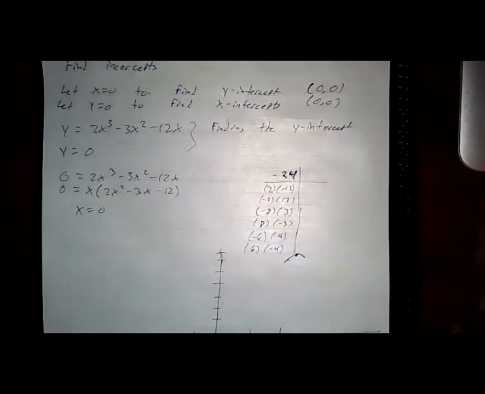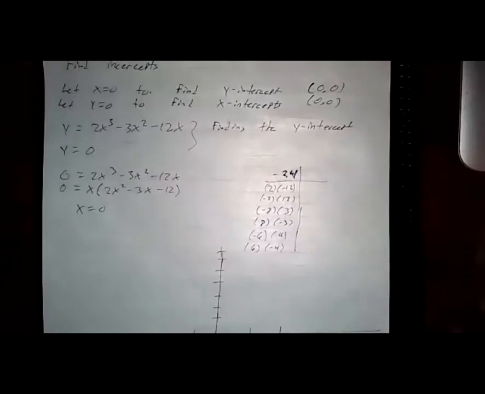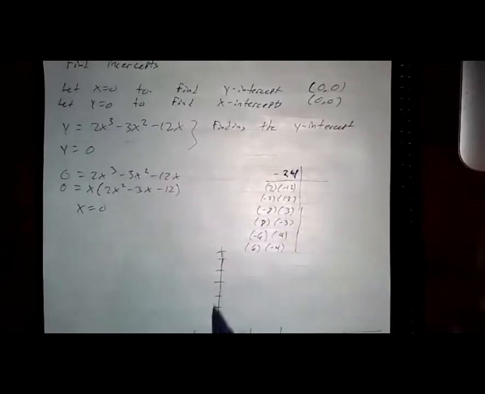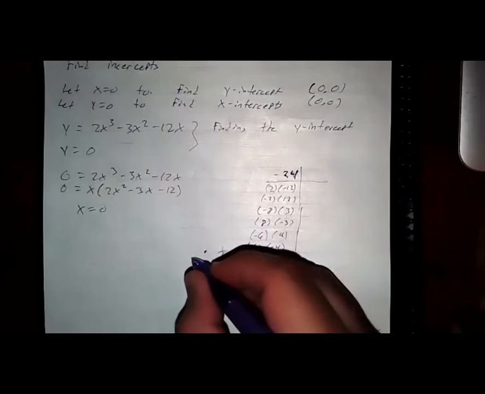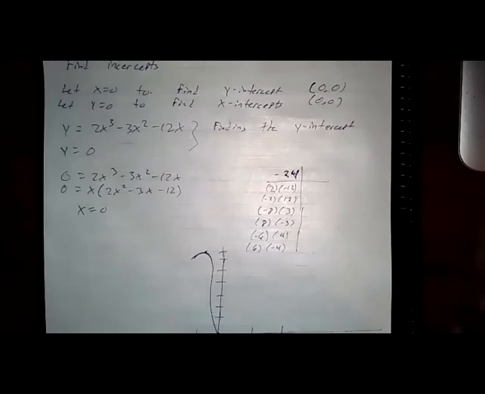Oops, no, sorry. -1 gives 7. So we got a maximum over here. We know it goes down like this, goes through here, then comes up at some point. And 2 is supposed to be a minimum.